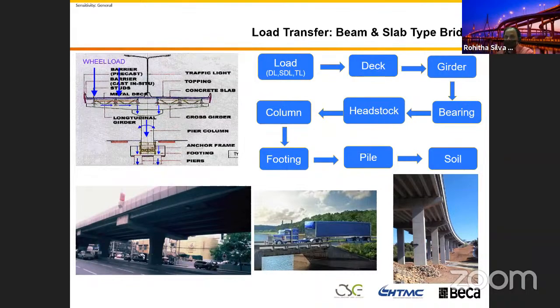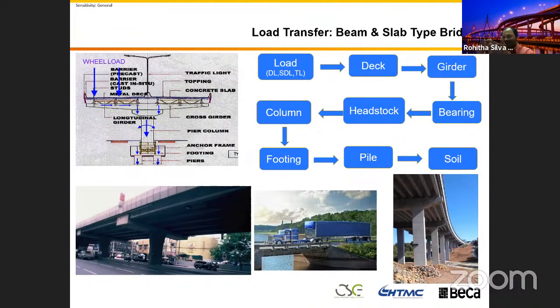All right, this one here, load transfer in a beam slab bridge. I think you saw this skeleton and this diagram first. We've got a wheel load here, that is the weight of the truck. When you put that wheel load on, in the bridge you have the dead load, that is the weight of the girder, right?